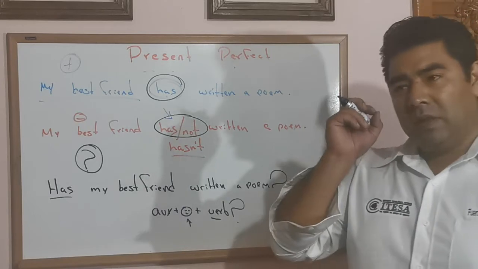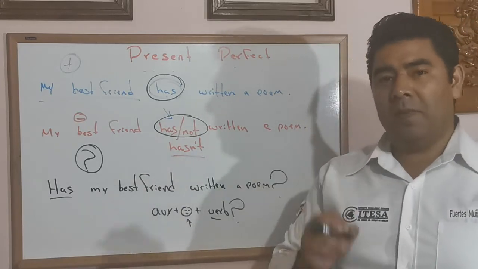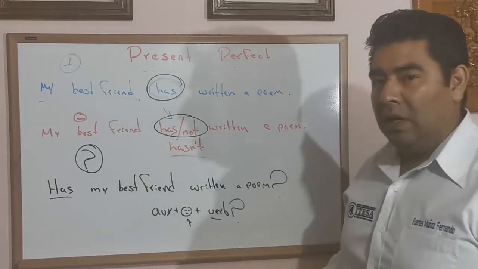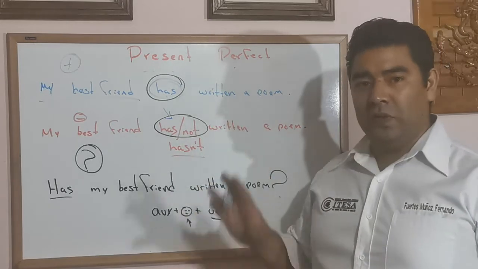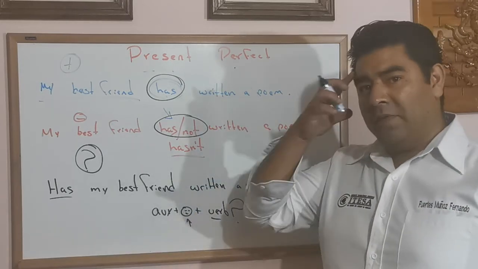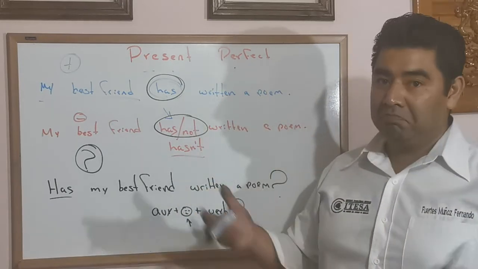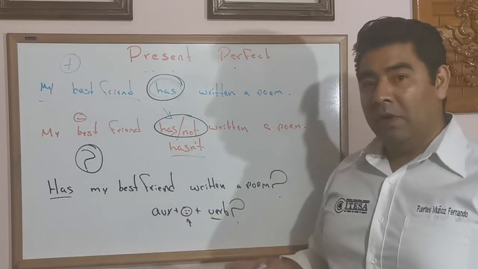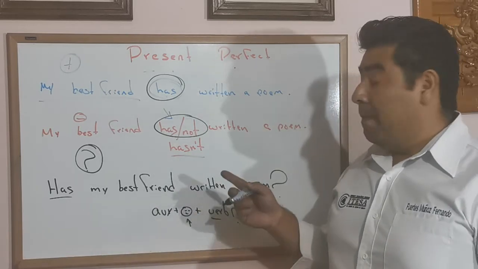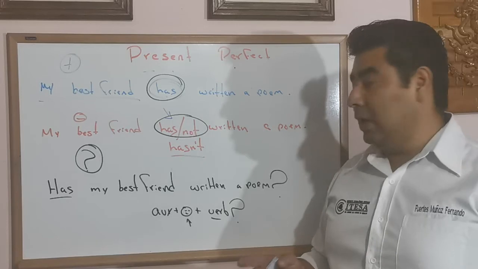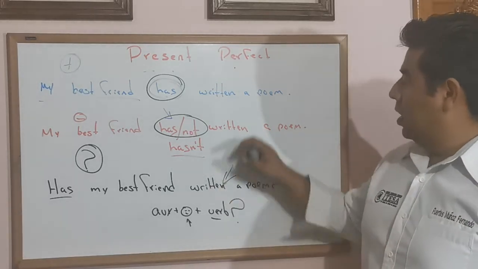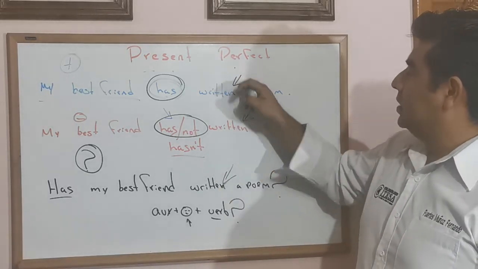The most important thing, the most relevant part of this, is not the structure. The structure is really simple. You only have to memorize and practice, and you will keep it. You will remember. But the problem will be that you do not know this.